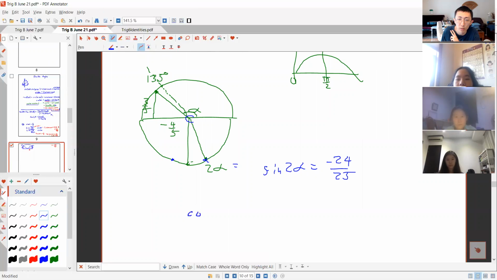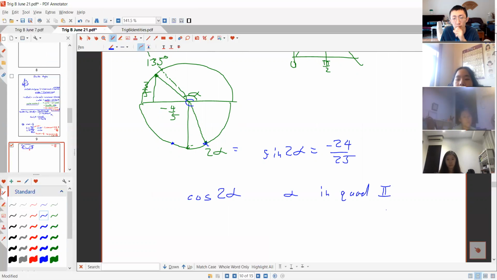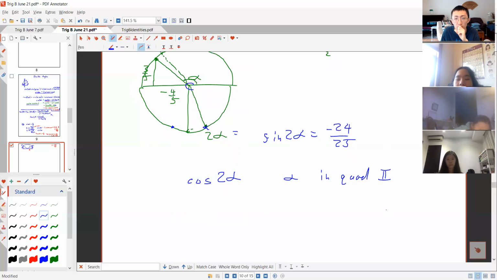So what about cosine of 2 alpha if alpha is in the second quadrant? What would that be? Well, let's just do it together. Sine alpha was 3/5.